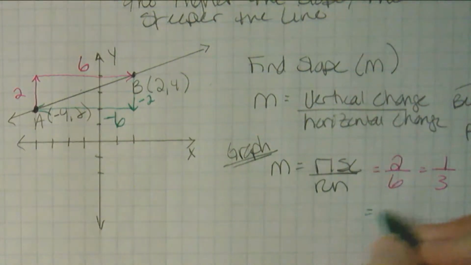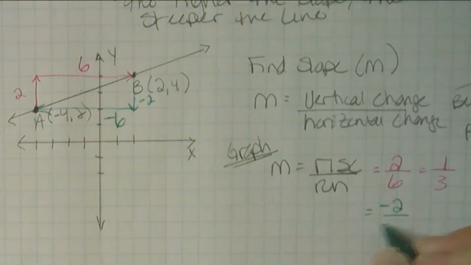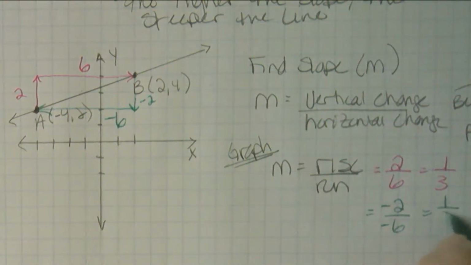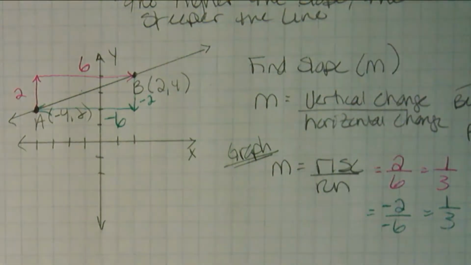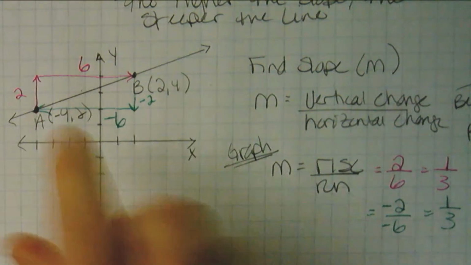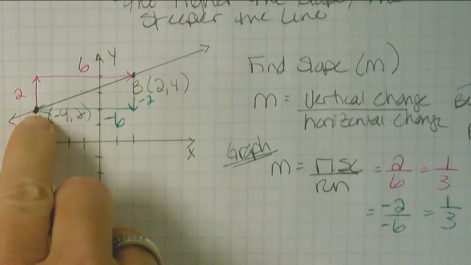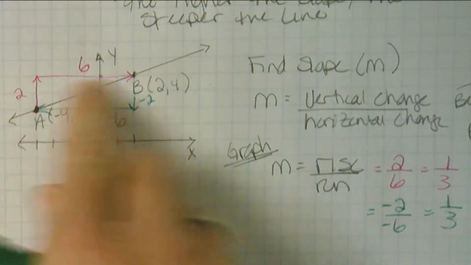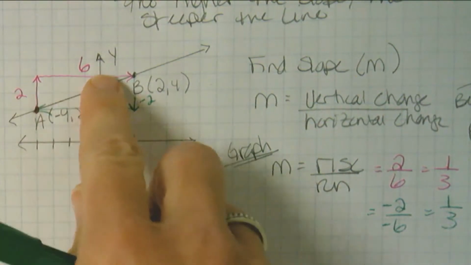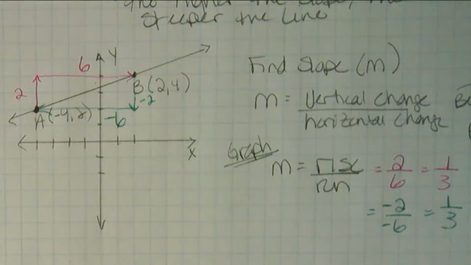If I did this in green, it would be a -2 over a -6, which is still 1/3. So on a graph, it's just a matter of finding your rise, starting with one point, and either going up or down to get to the next point, and either left or right. You guys cool with what rise and run are? Okay.